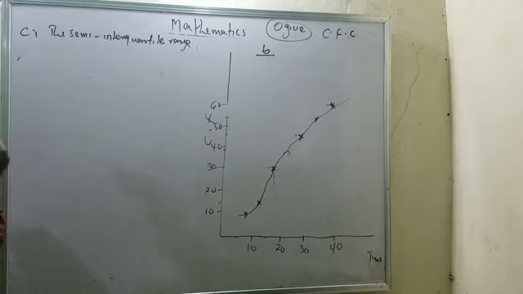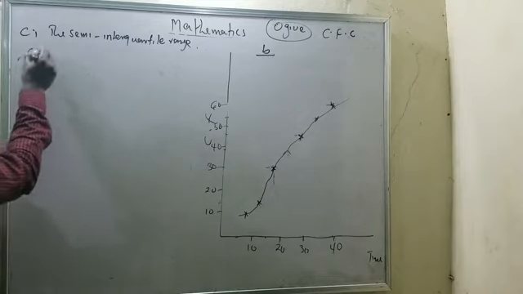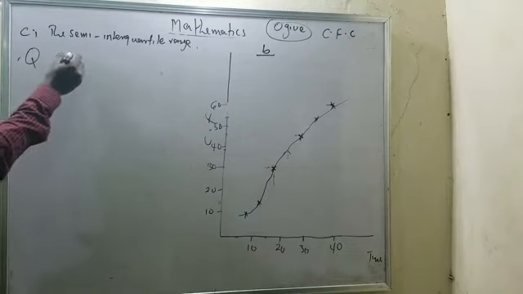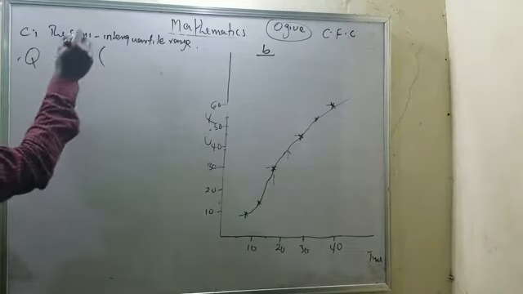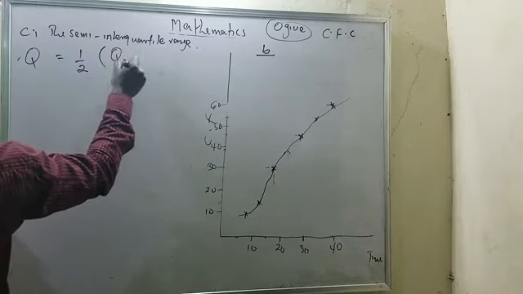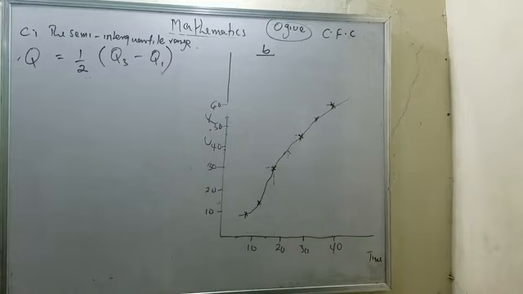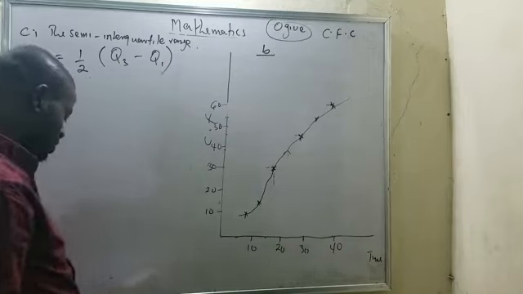My semi-interquartile range is always equal to 1 over 2 of the bracket Q3 minus Q1. That is my semi-interquartile range: half of Q3 minus Q1.